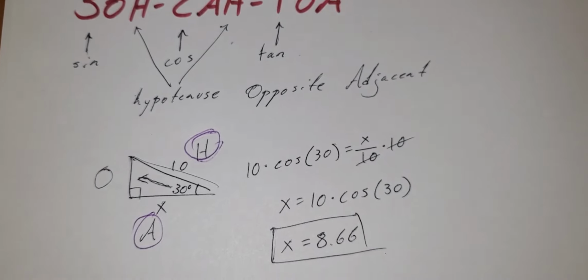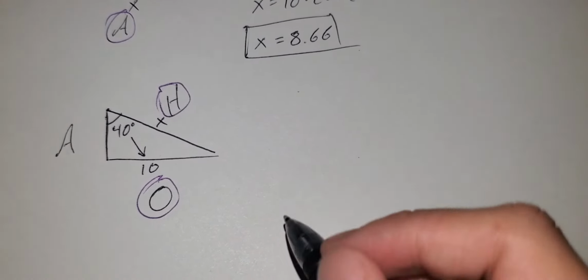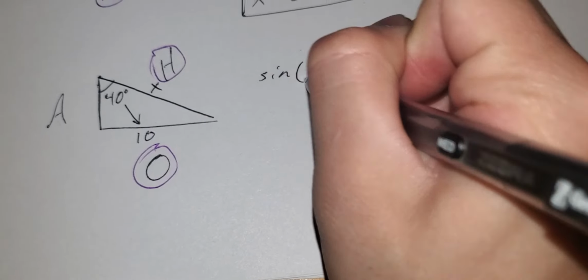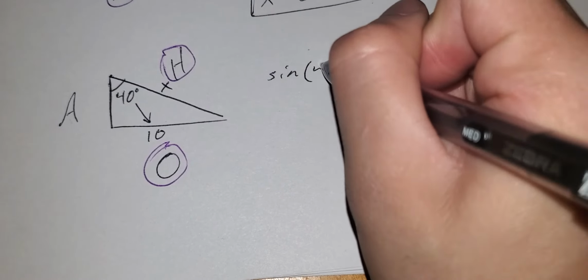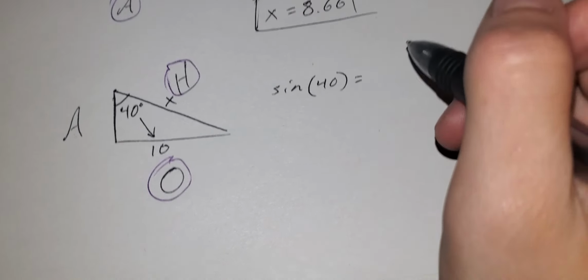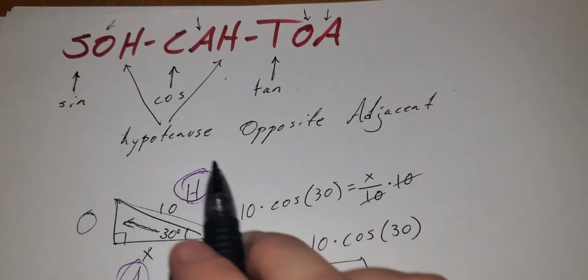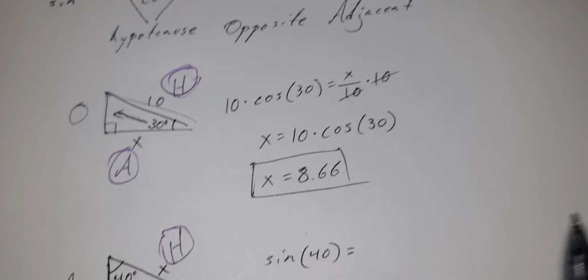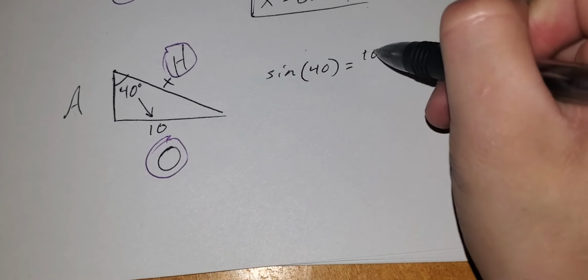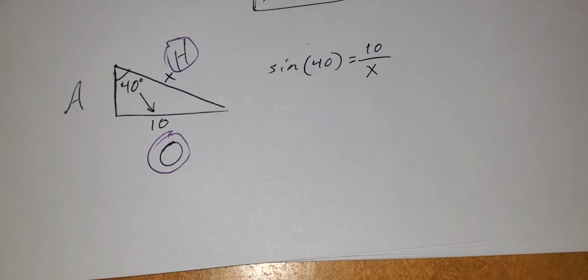So this is a sine problem. This is going to be sine of the given angle, 40, equals opposite over hypotenuse. Opposite goes on top, hypotenuse goes on the bottom. Opposite is 10, hypotenuse is x.